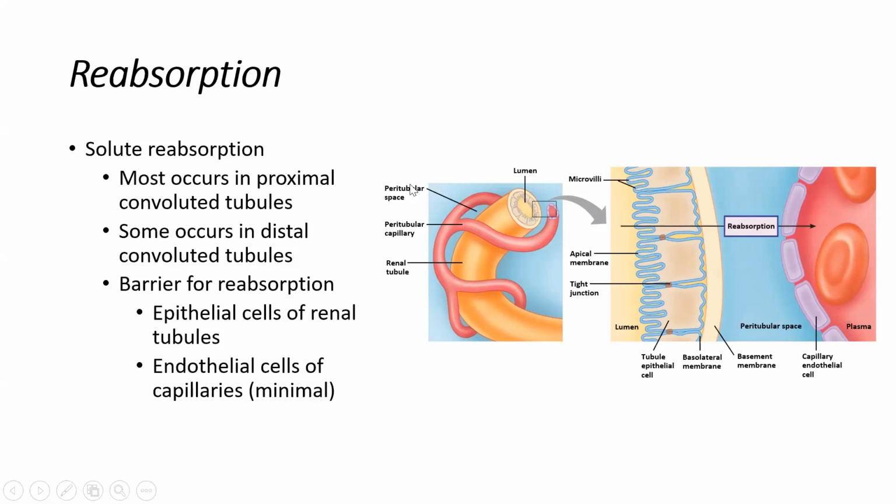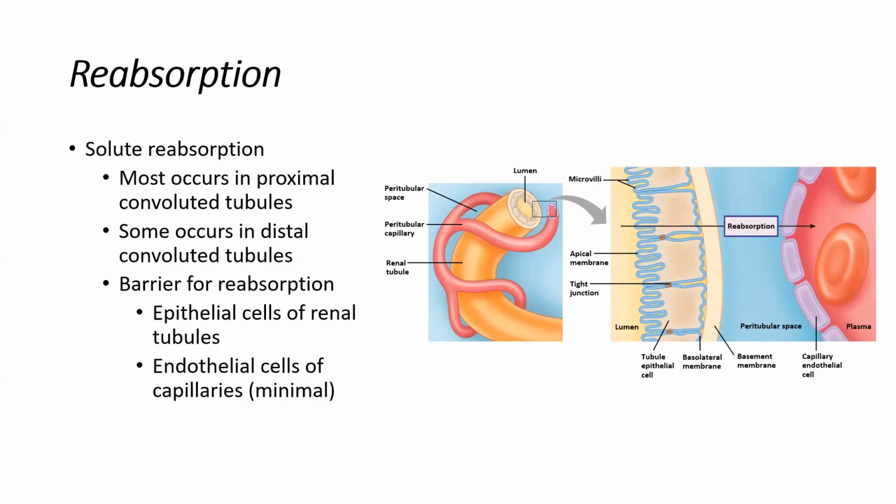So it's important to understand this relationship here. We've got these peritubular capillaries that are wrapped around the proximal and distal convoluted tubules, and this is how we facilitate the reabsorption of important nutrients and ions back into the blood. Some of it happens in the distal tubule, but most of it is happening in the proximal convoluted tubule.